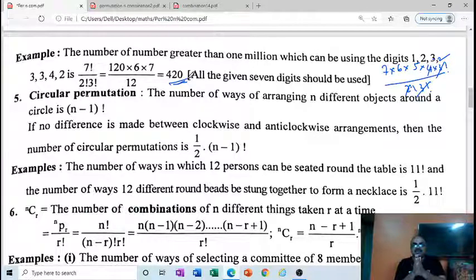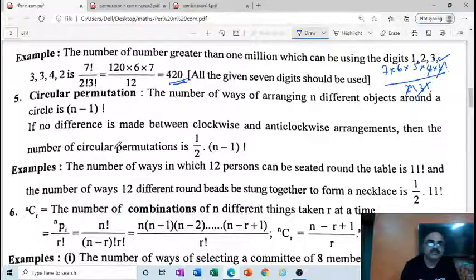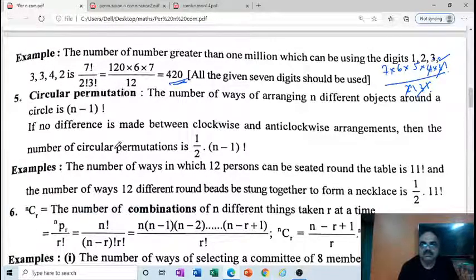One more clause I would like to tell you here. If this arrangement is done between clockwise and anti-clockwise arrangements, clockwise is in one order and anti-clockwise is in the other order. Now, these are the 2 ways that can be arranged. Suppose you take a circle, 1, 2, 3, 4 and 5.